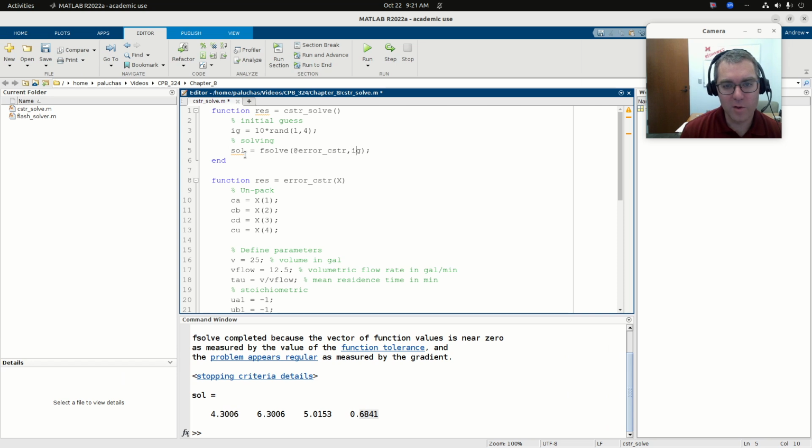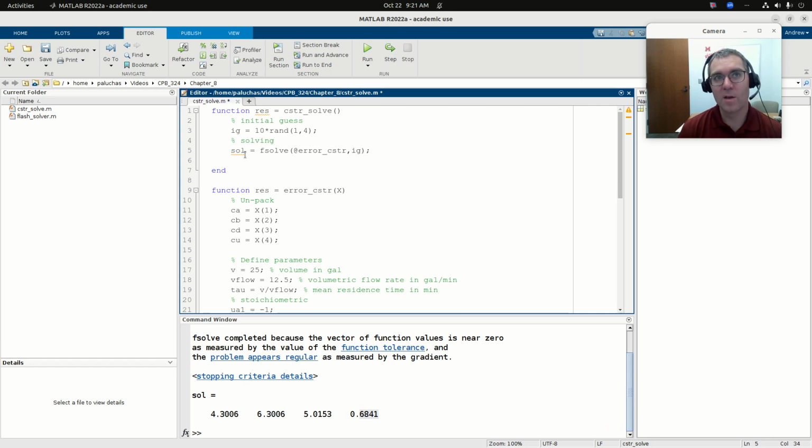The conversion of my limiting reagent is what percentage of my A going in has been consumed. So if 10 moles per gallon of A are going in, and I can calculate the moles of A coming out, I can determine what percentage of my A has been consumed.